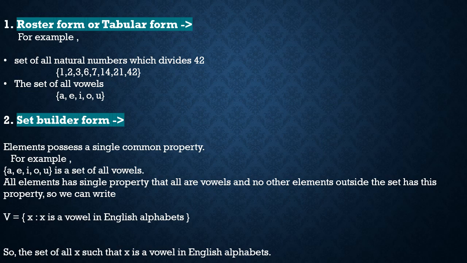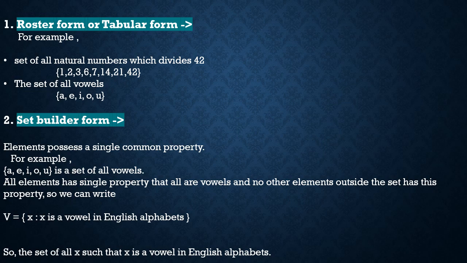For set builder form, the elements possess a single common property. For example, take the set of all vowels a, e, i, o, u. All elements of this set have a single property, that all are vowels, and no other elements outside this set have this property, because other than these vowels all alphabets are consonants.